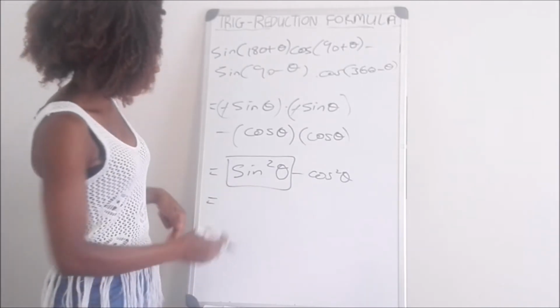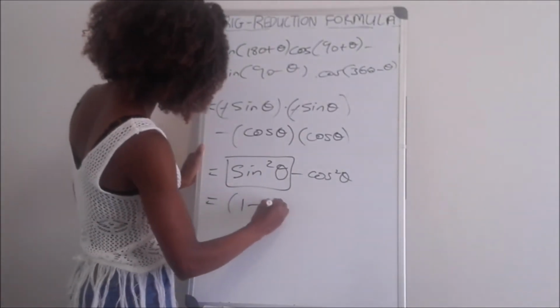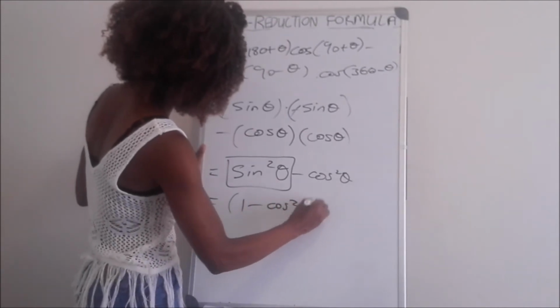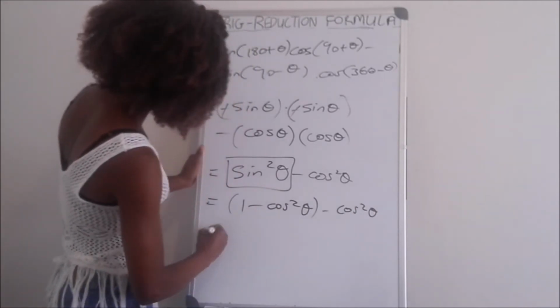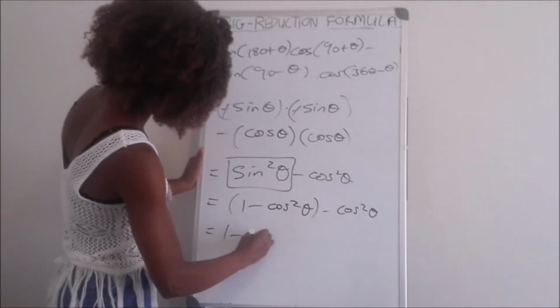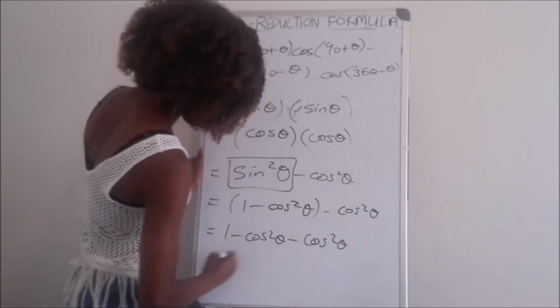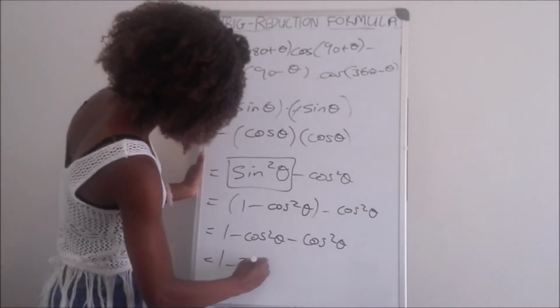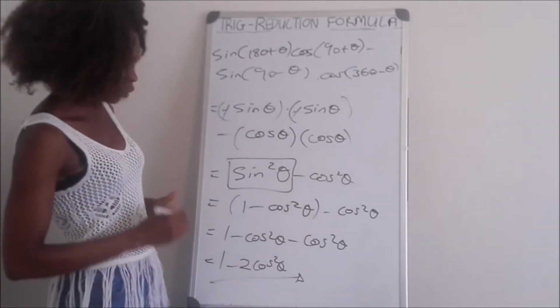Then from here, what we do is change this one in terms of identities. We'll be left with 1 minus cos squared theta, minus cos squared theta there. And what we're going to have is 1 minus 2 cos squared theta. Then that's our answer for this question.